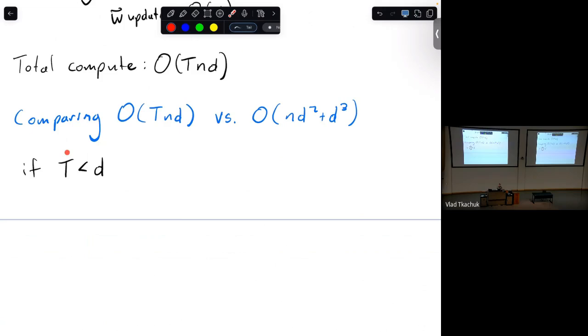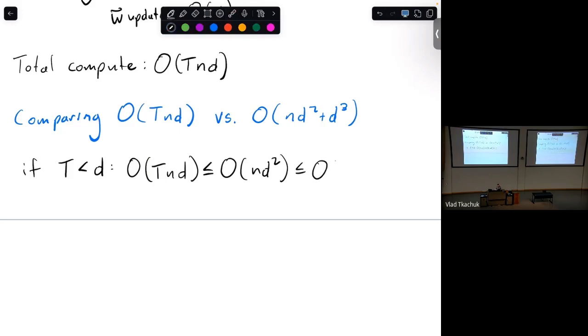So if you're doing 10, 20, or 1,000 or 100,000 epochs, it still could be quite small. Well, then big O of tnd is no larger than big O of nd squared, because I've just replaced t with a bigger number, d, which is no larger than big O of nd squared plus d cubed.